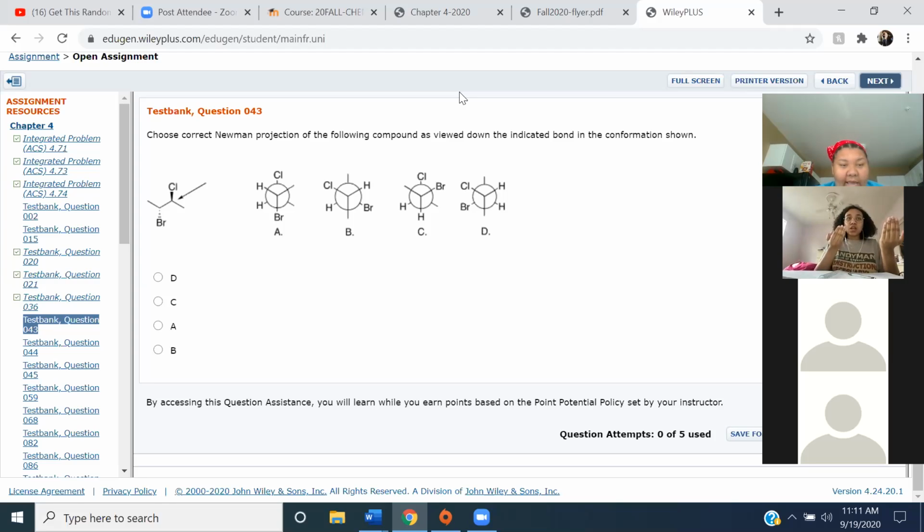So the arrow is showing you how you're supposed to visualize it. So from that point, the chloride is going to be upwards, somewhere in the up area, but it's going to be on those single bonds.